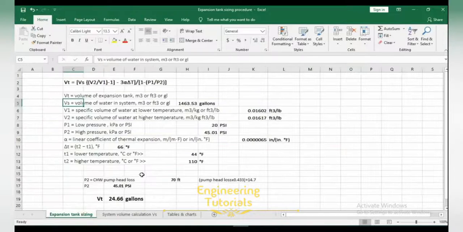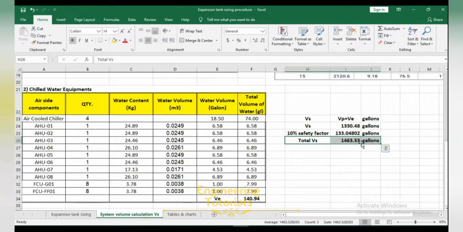Now you know all the values: V2, V1, alpha, delta T, P1, P2 and Vs, the total volume of the system we have just calculated, that is 1463.53 gallons.